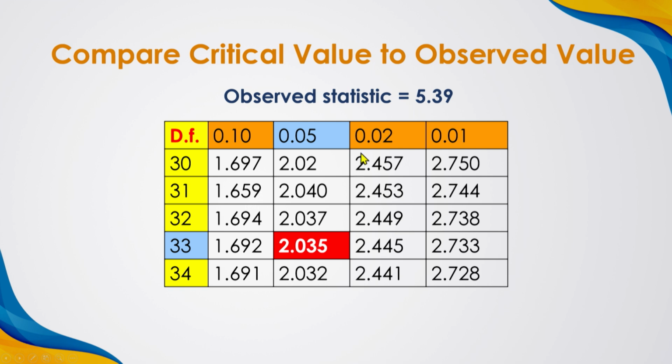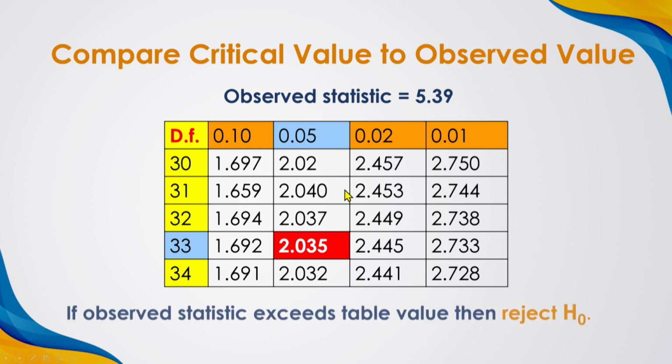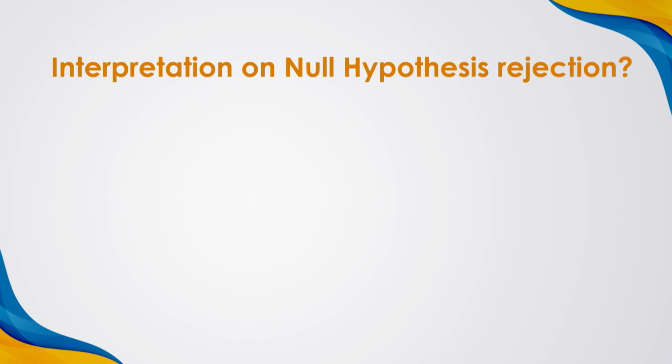It is observed that the test statistic is more than the test critical value, 5.39 is more than 2.035, which leads to the test statistic exceeding the test critical value, so H naught is rejected.